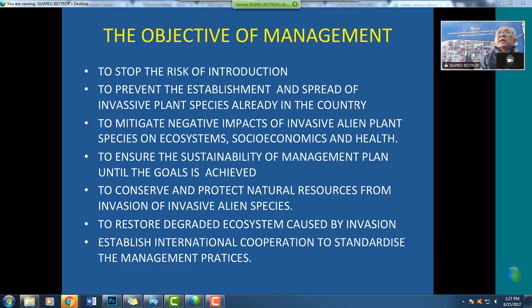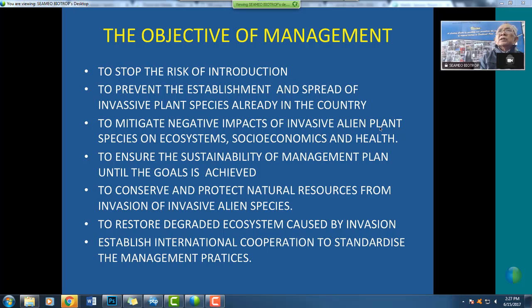So there are a lot of objectives for the management. The first one is to stop the introduction, and it is a very important one. We do not want to have more problems of new invasive species. And to prevent the establishment and spread of invasive plant species already in the country, to mitigate the negative impact of invasive alien plant species on ecosystem, socioeconomy and health, to ensure the sustainability of the management plan until the goal is achieved.